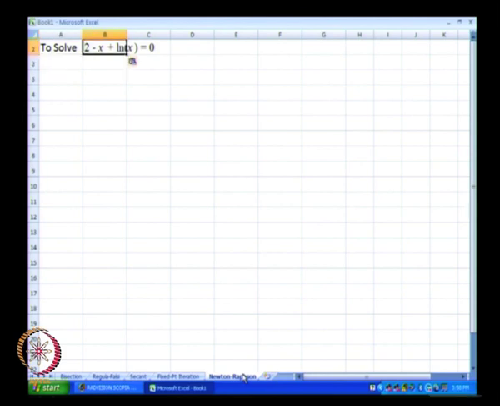So this is our f of x, and let us differentiate it. f dash of ln of x is going to be 1 divided by x minus 1.